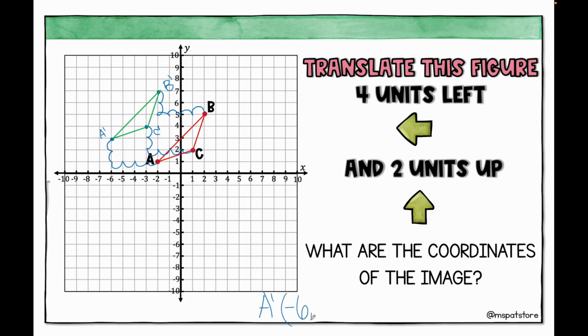B prime is located in negative 2, 7. And C prime is located in negative 3, comma 4. That's it.